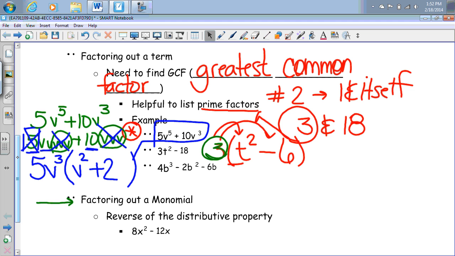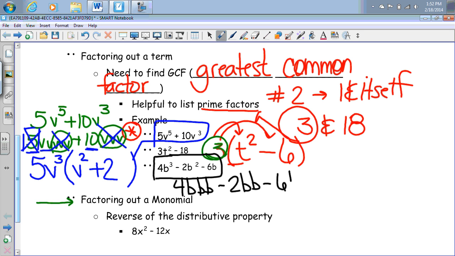Let's move on to 4b cubed minus 2b squared minus 6b. If it's helpful, write it out this way. 4 with 3 b's minus a 2 with 2 b's minus a 6 with 1 b. I can only take out 1 b because that's the most that I can take from 6, and so that's the most that I can take from each of the others.